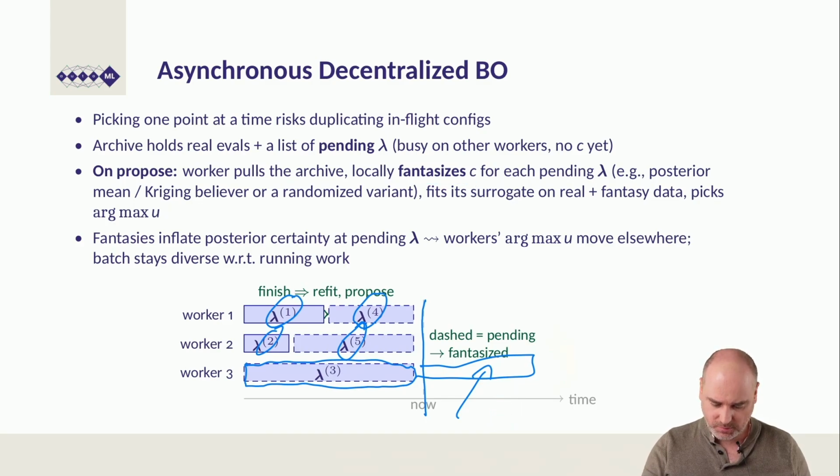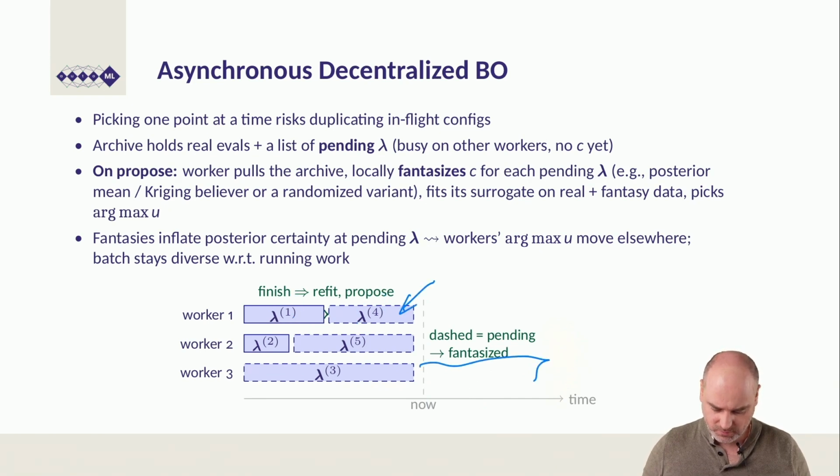So let me remove a few lines here. For this guy and this guy, and for these two guys, we would now impute, fantasize outcomes before we fit our GP and before we do the acquisition function optimization to generate this guy here.